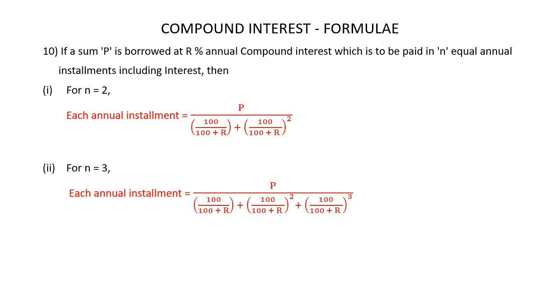For N is equal to 3, each annual installment is equal to P divided by [100 by (100 plus R) plus (100 by (100 plus R)) the whole squared plus (100 by (100 plus R)) the whole cubed].